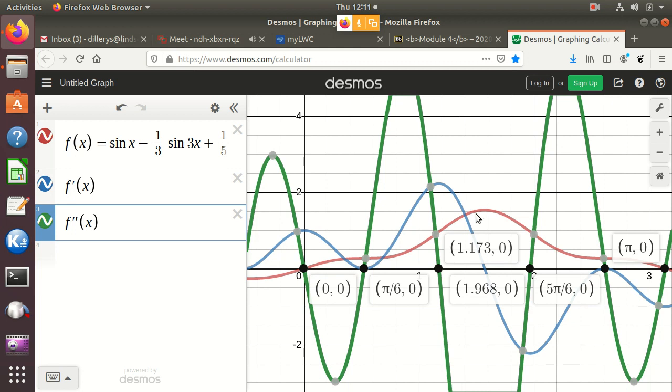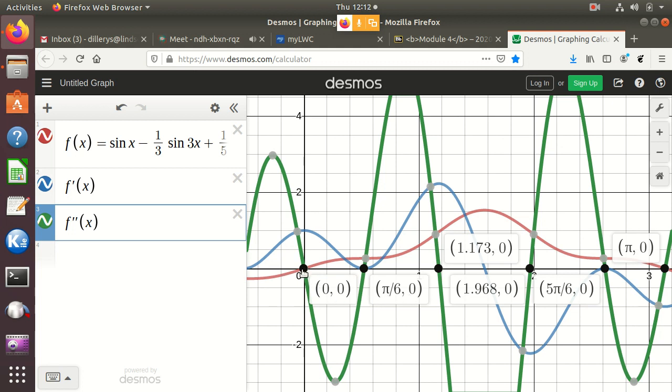All these others look like they might be inflection points. Okay, and I can check that because I can see the concavity does change at those points. Okay, so I found a bunch of inflection points. So one inflection point is at pi over 6 and 0.